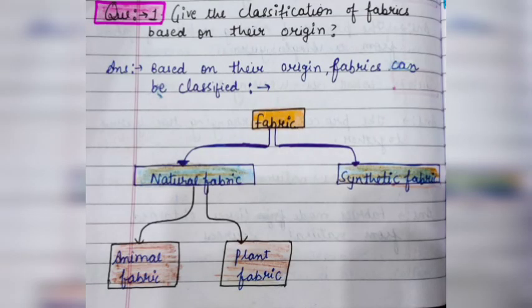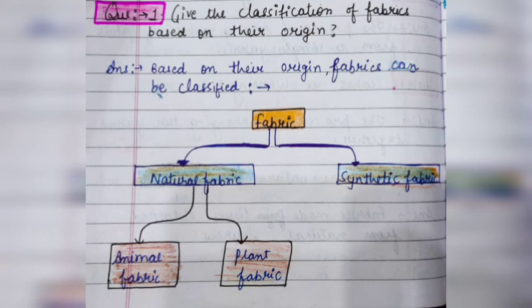Question number 1 is, give the classification of fibers based on their origin. Answer is, based on their origin, fabrics can be classified into the following categories. Fabrics can be divided into two categories, that is natural fabric and synthetic fabric. Natural fabric is further divided into two categories, that is animal fabric and plant fabric.